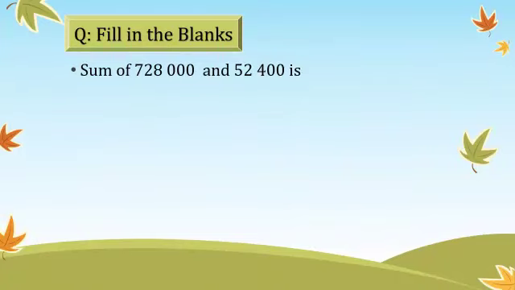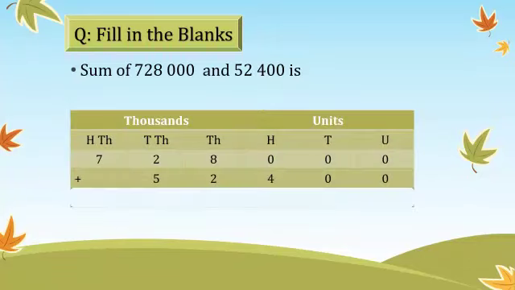Our first fill in the blank is: sum of 728,000 and 52,400 is. Since you know sum means to add, we will add these two numbers after placing them in the correct place value column.